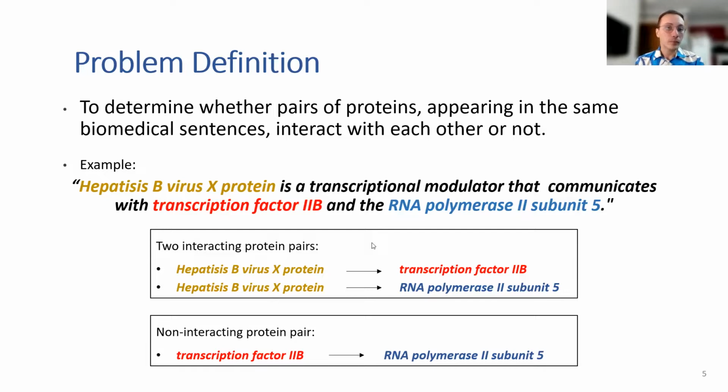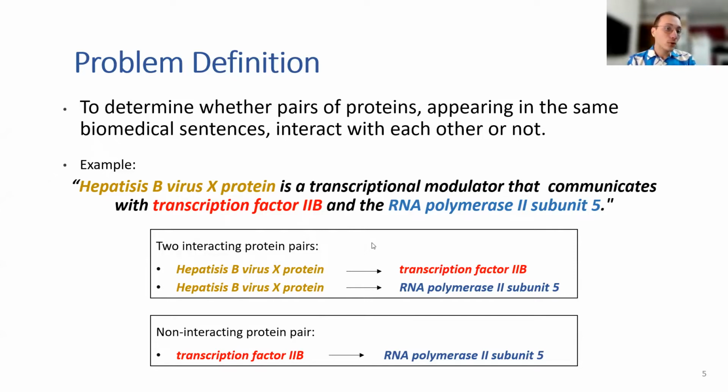If we check the semantic meaning of the sentence, we can understand that hepatitis B virus X protein is a transcriptional modulator, and it interacts with the transcriptional factor IIB, and it also interacts with the RNA polymerase 2 subunit 5. So there's an interaction between those two protein pairs.